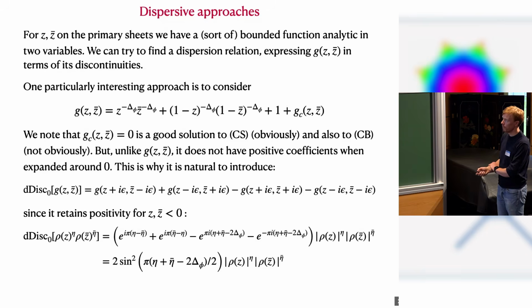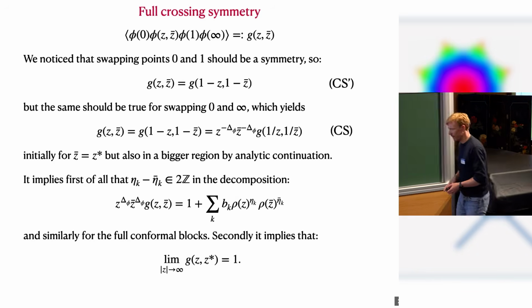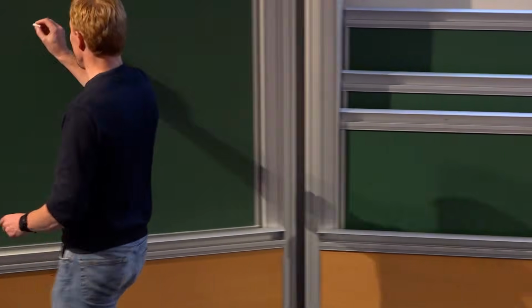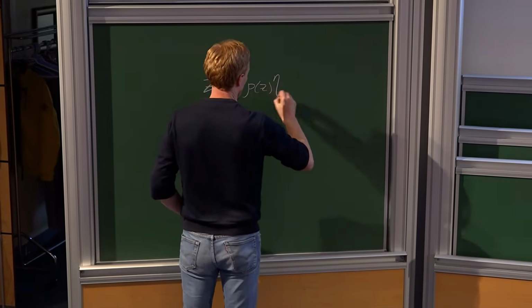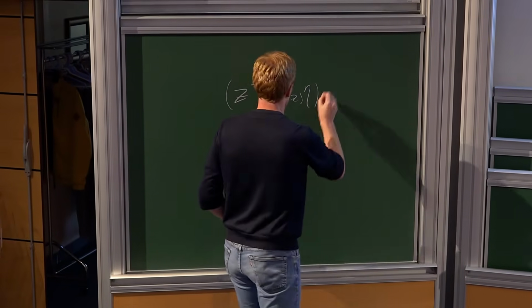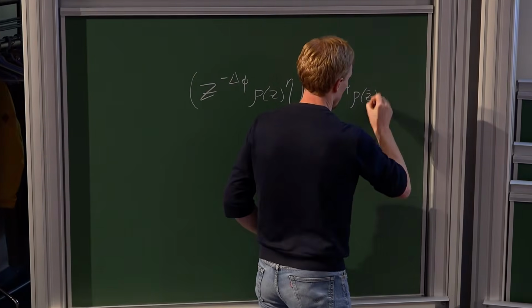Sorry, this should be eta minus delta phi, and eta bar minus delta phi. Or it should be z to the... no, this is where I need chalk. This is also why these rho and z variables are not rho z to the eta, and then the same for z bar. And this is what you need: z bar to the minus delta phi, rho z bar to the eta bar.